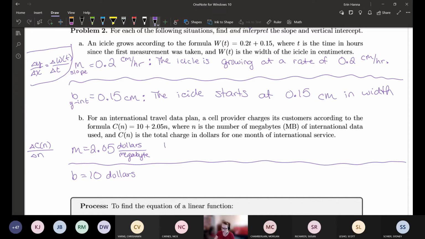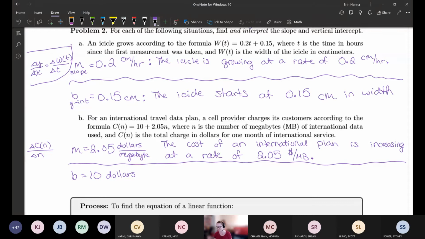So we would say something like the cost of an international plan is increasing at a rate of 2.05 dollars per megabyte. I'm going to abbreviate it this time. You could also literally write out the words dollars per megabyte if you wanted to.